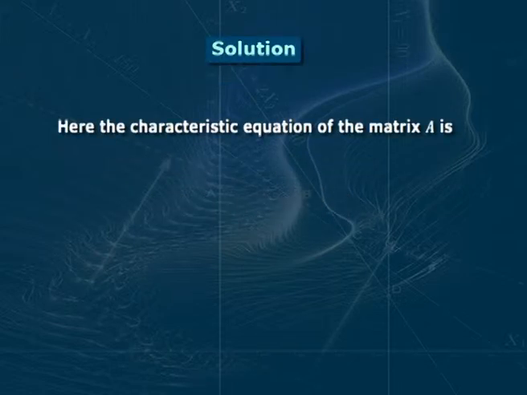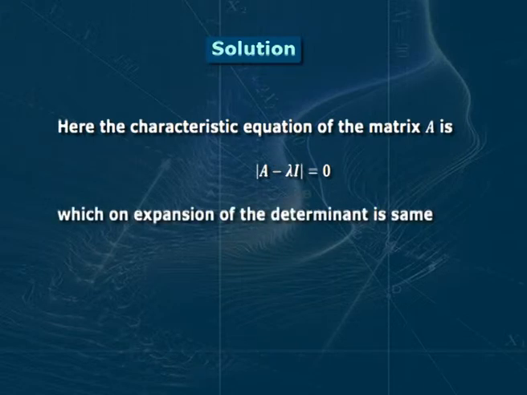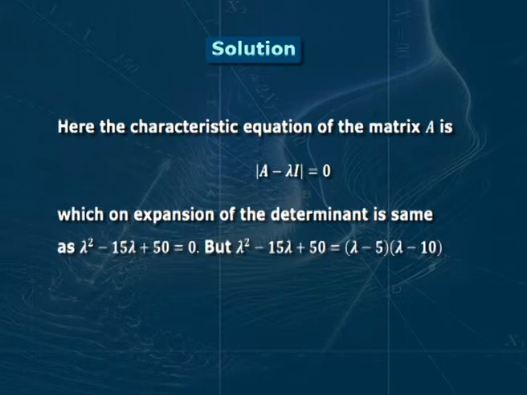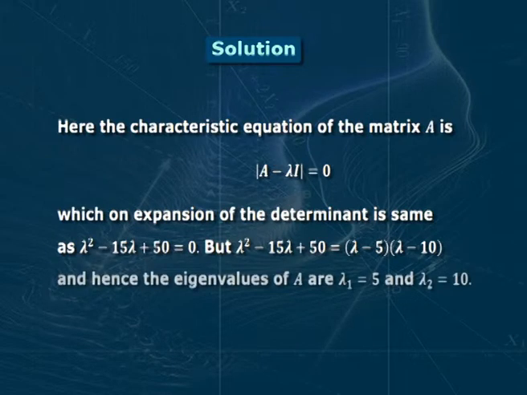Here the characteristic equation of the matrix A is mod A minus lambda I equal to 0, which on expansion of the determinant is same as lambda square minus 15 lambda plus 50 equal to 0. But lambda square minus 15 lambda plus 50 is same as lambda minus 5 into lambda minus 10, and hence the eigenvalues of A are lambda 1 equal to 5 and lambda 2 equal to 10.